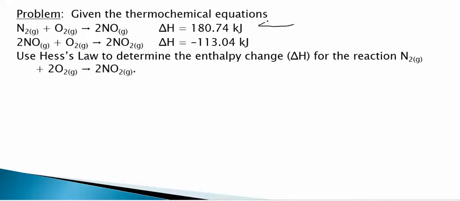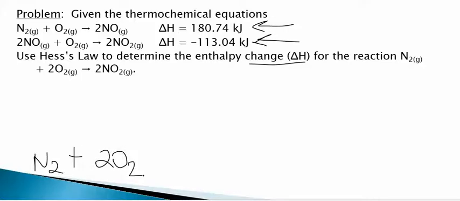We're given two equations up here along with their enthalpy values, their heat values. We want to determine the enthalpy change for this reaction, N2 plus 2O2 forming 2NO2. So that's my overall reaction.